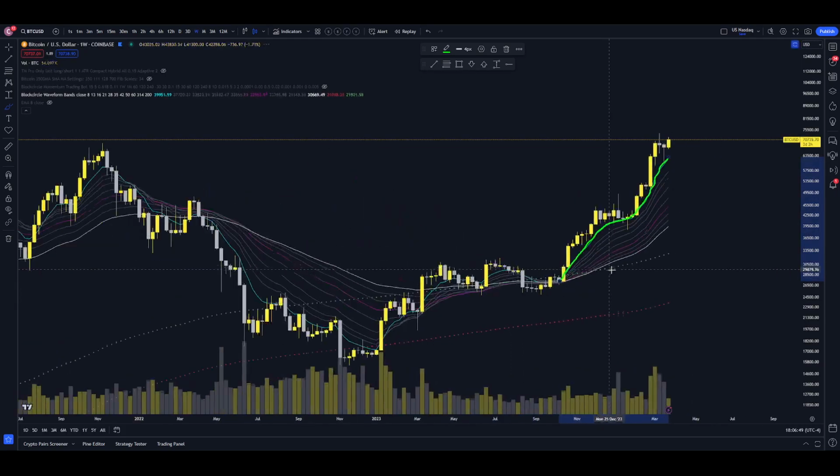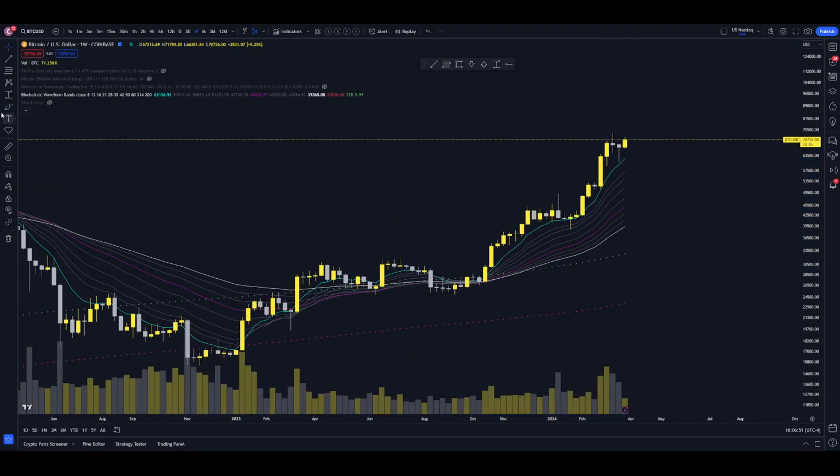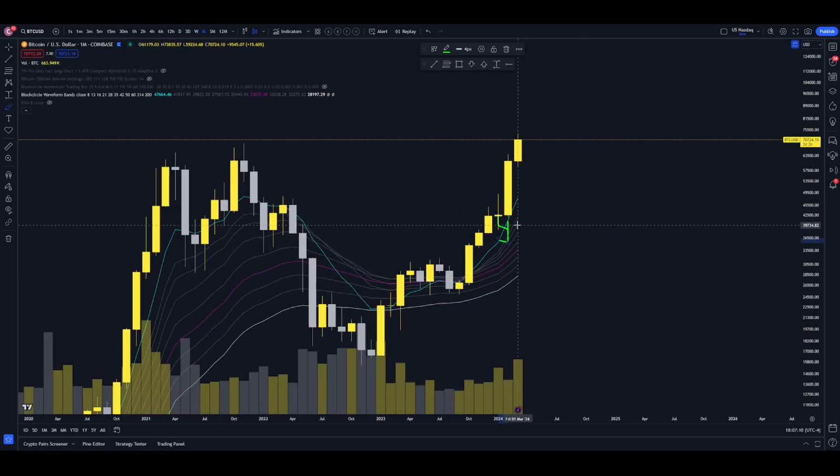And that's why we want to be a buyer at the 8 EMA, say on the weekly, because that's likely representing a pullback to the bands on the daily. Likewise, if the weekly pulls back to the bands here, then it's likely a retest of the monthly 8 here.